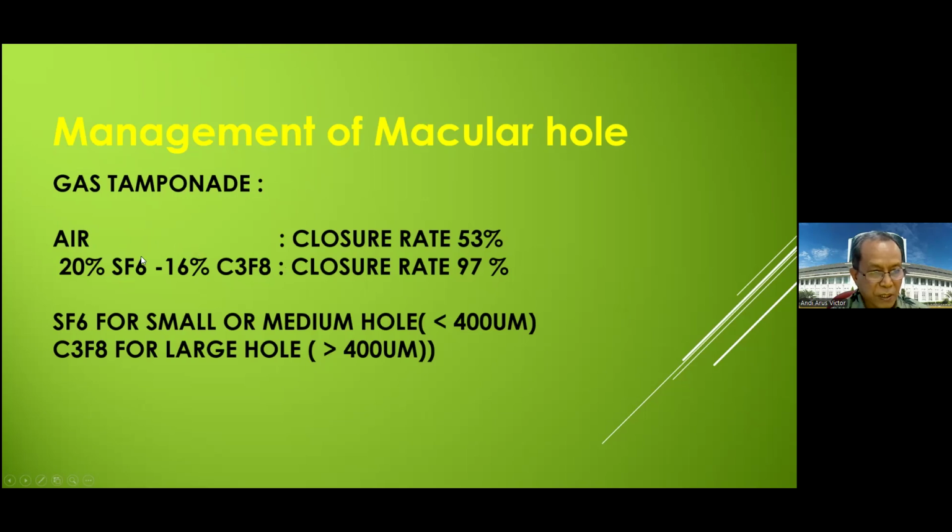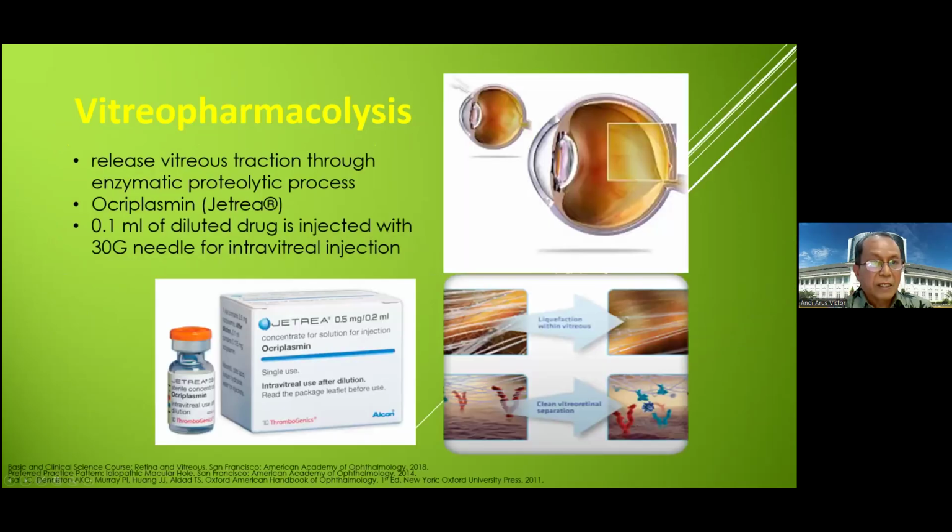If we use SF6 or C3F8, the closure rate increases to 97%. Usually SF6 is used for small or medium holes less than 400 micrometers, and C3F8 for large holes more than 400 micrometers. Vitreopharmacolysis is done with ocriplasmin, or Jetrea, by intravitreal injection.